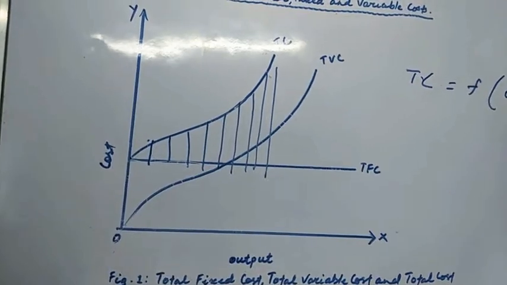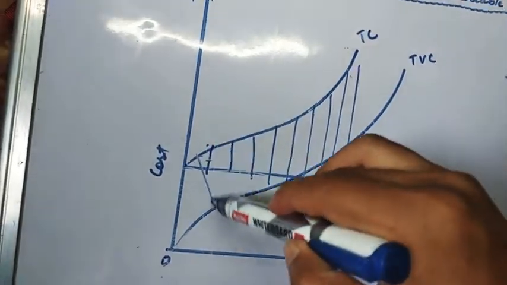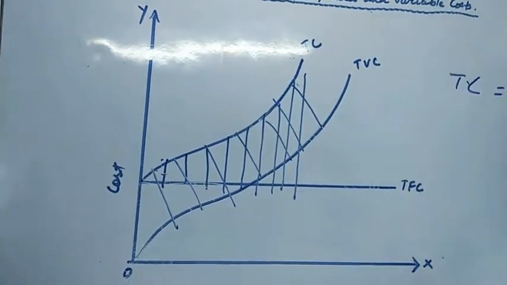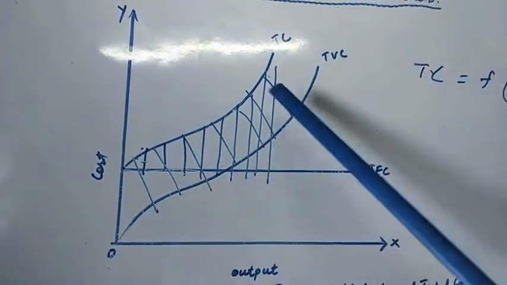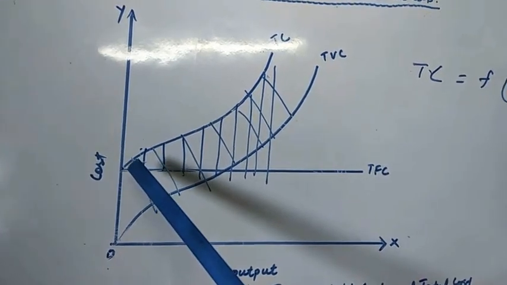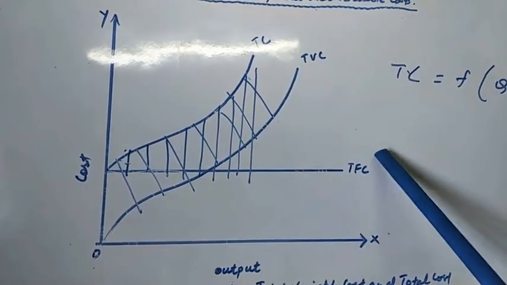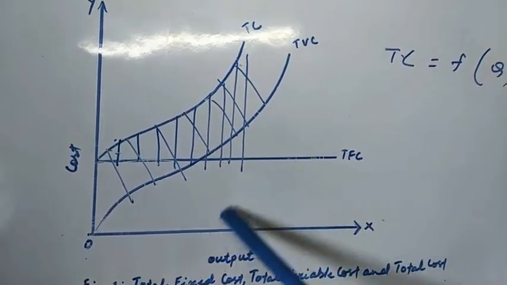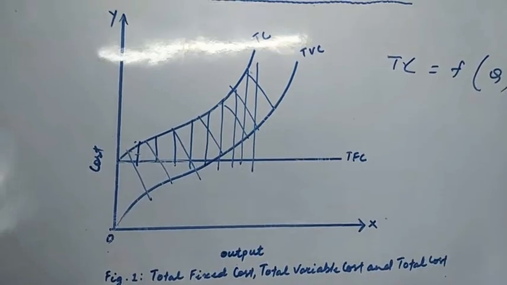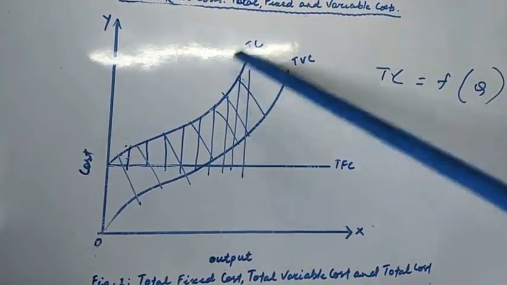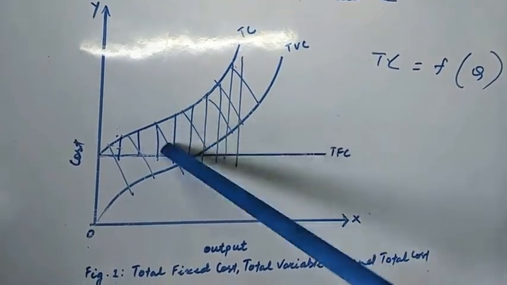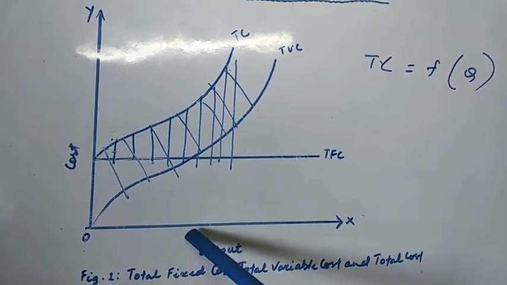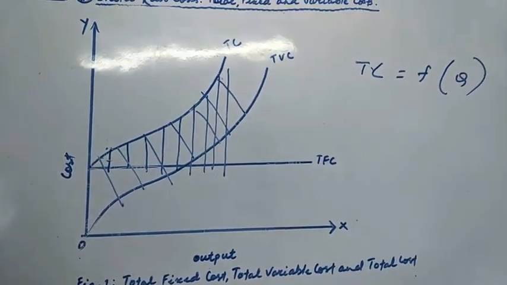But we have just discussed that the distance between TC and total variable cost is constant throughout, meaning that it represents the total fixed cost, which remains unchanged even if the output level increases. And the vertical distance between TC and TFC represents the total variable cost, which increases due to the increase in output.